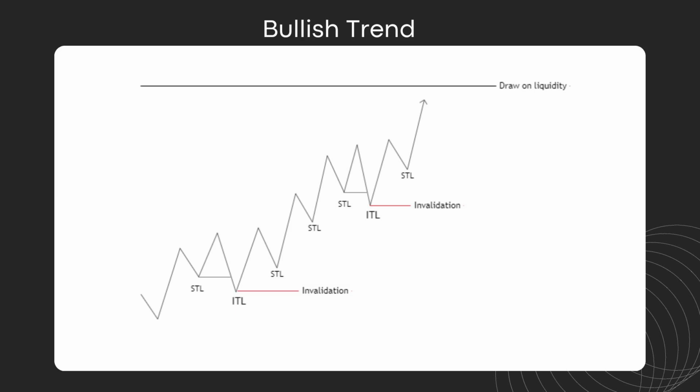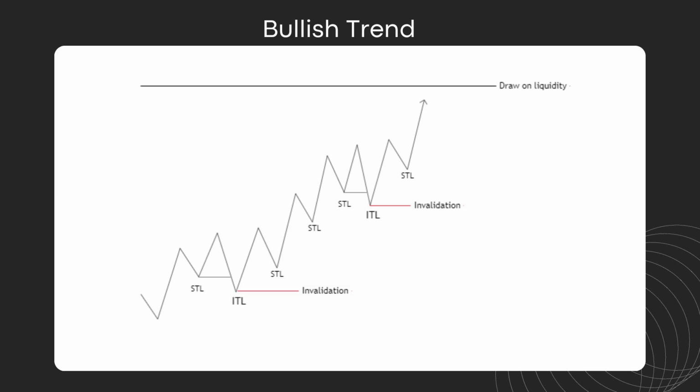So what you need to know is that each high and low price forms will be classified as a short-term high or a short-term low. It doesn't matter whatever high or low it is. Every single high or low that price forms will be considered a short-term high or a short-term low, right? So for instance, this low right here is a short-term low and that high is a short-term high, which means every high and low you see is either a short-term low or a short-term high.